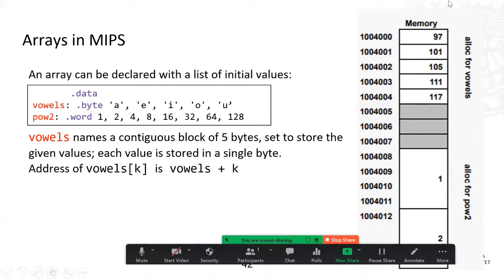So somewhere in memory we have 5 bytes allocated for the vowels array, and they store these characters one after another. So 97 is the ASCII code for A, and then after that is the ASCII code for E, and so on and so forth until it finishes.